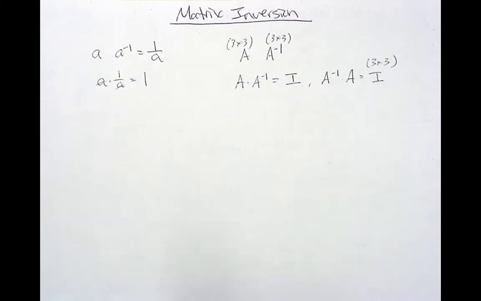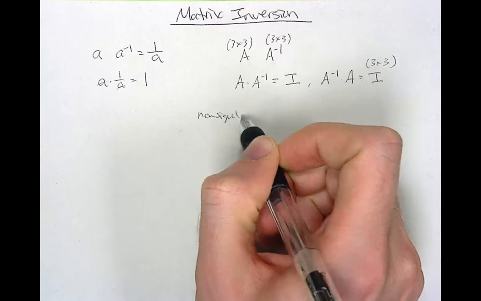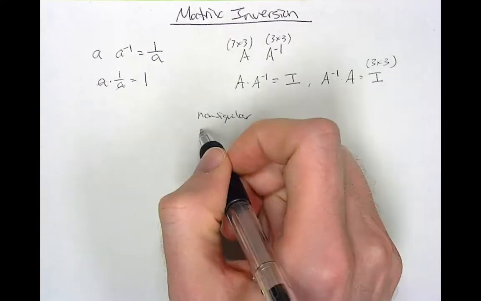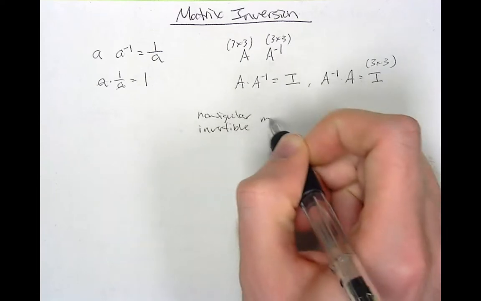The inverse of a matrix will exist when the determinant of the matrix is not equal to 0. So, if you get a determinant of a matrix that is equal to 0, then there is no inverse matrix. However, if it's not equal to 0, there is an inverse matrix. Matrices that have an inverse are called non-singular, or invertible matrices.